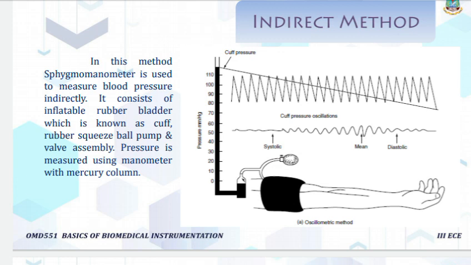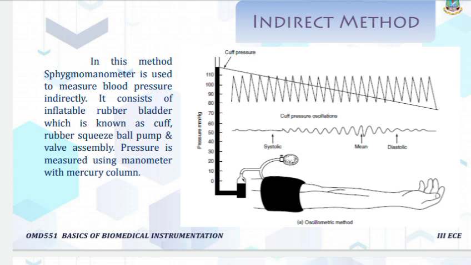When there is a Korotkoff sound and at that time we are measuring a pressure, that is called systolic pressure, and when there is no Korotkoff sound, the pressure that we measure after the Korotkoff sound disappears is called diastolic pressure.